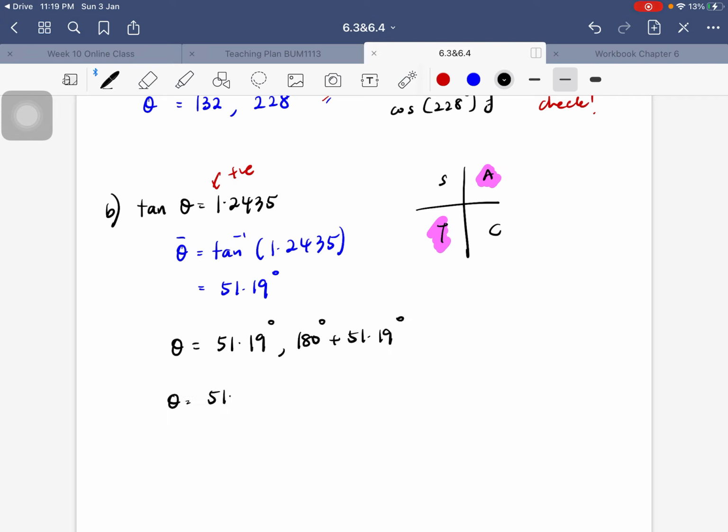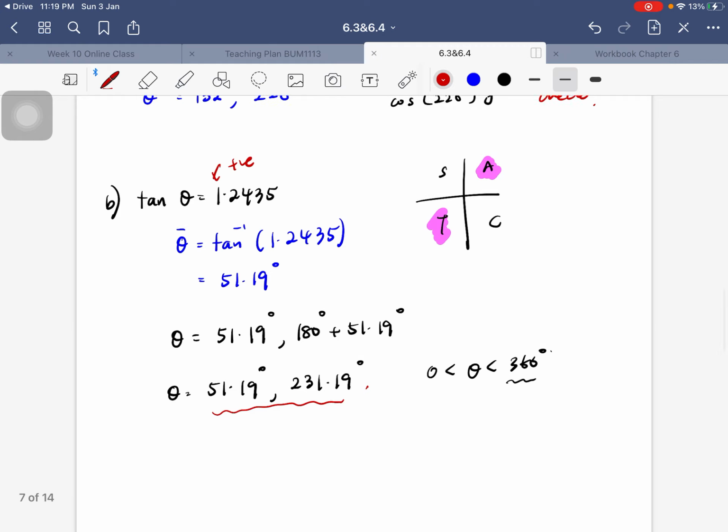When I do the operation, the first one is 51.19 degrees, and the second angle is 180 plus 51.19, which equals 231.19 degrees. Again, I'm not going to make another rotation, because we already know that theta is between 0 and 360 degrees. If I were to make another rotation, it would have exceeded this value. That is why only these two are going to be our solutions. These are going to be our theta. That will be the idea.